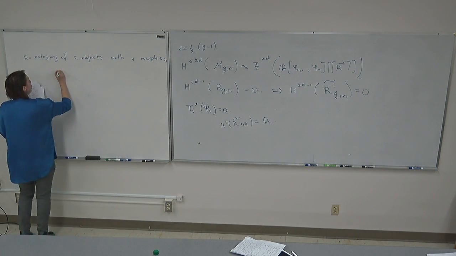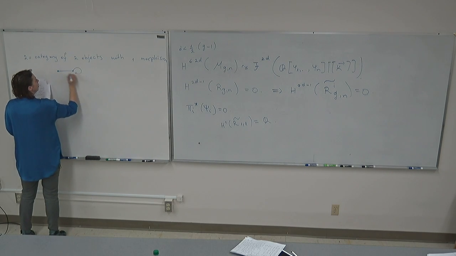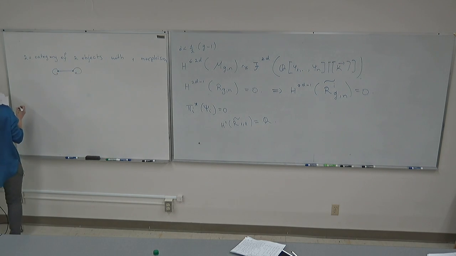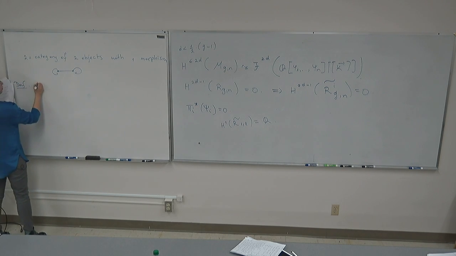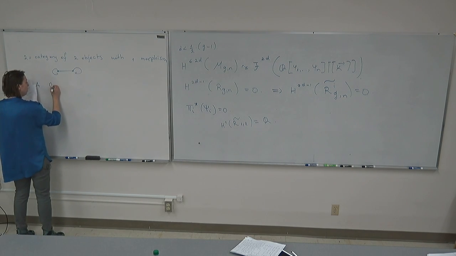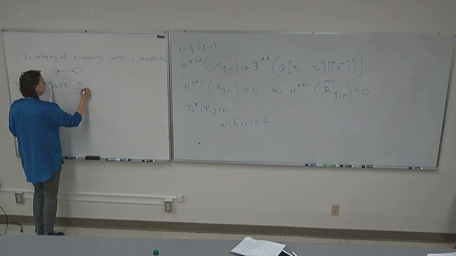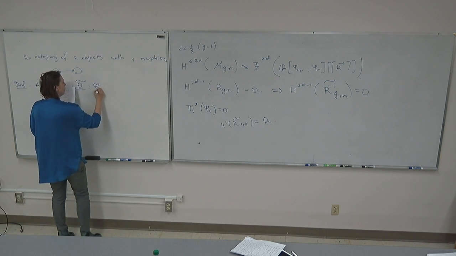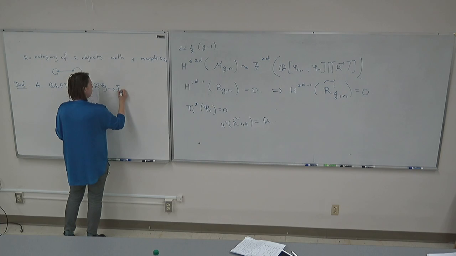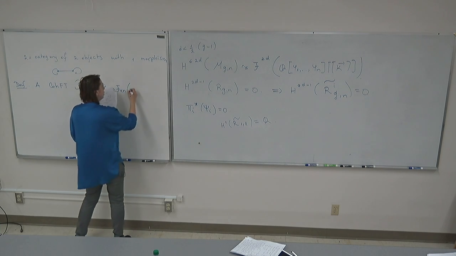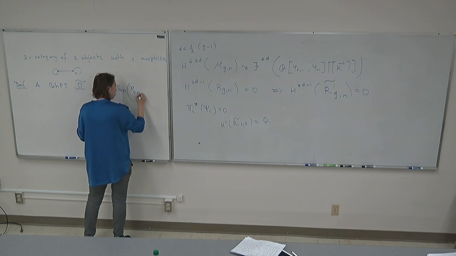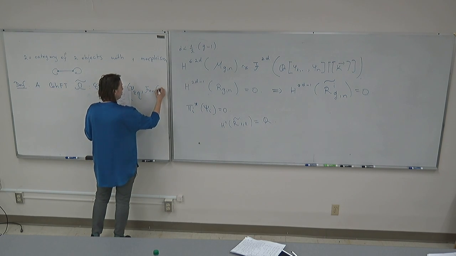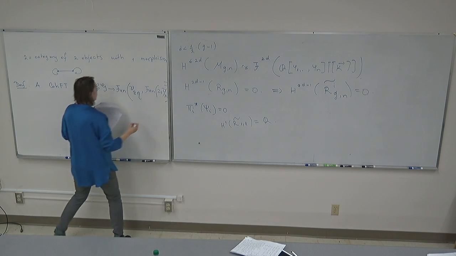So I have 2 objects that are connected. And I'm going to introduce a cohomological field theory to be a monoidal functor from the cell graph category to the functor category from the finite dimensional vector spaces, epsilon and eta, to functors from 2 to V over k. So I'm just using the previous notations.